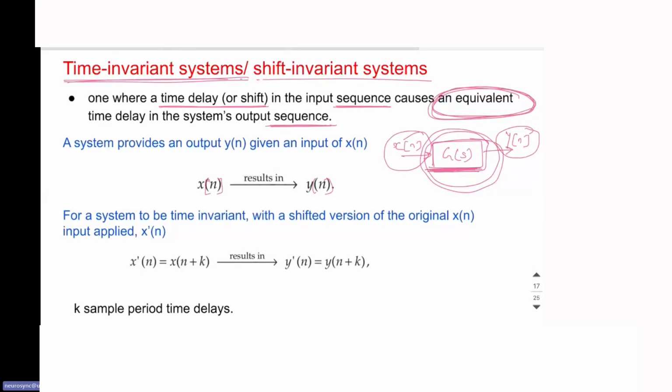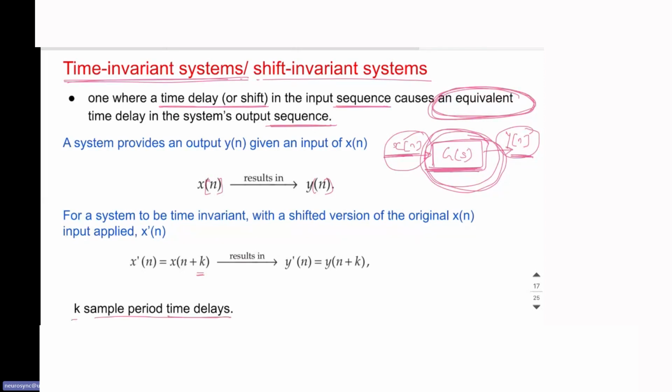Now, for this particular system G of S to be time invariant, how can we say that it is time invariant? When with the shift of the original signal X of N, we get the same shift in the output signal Y of N. If I'm having a time shift of K in the input signal, K is nothing but the sample period time delay.